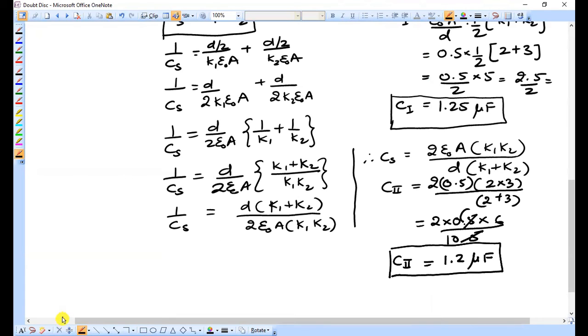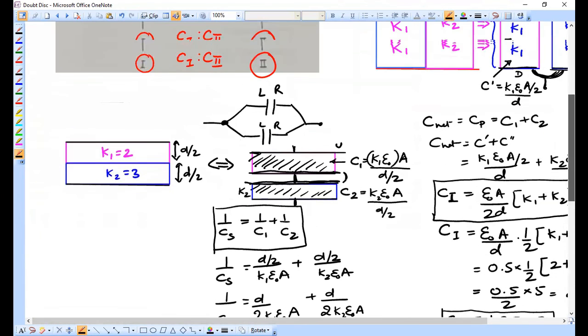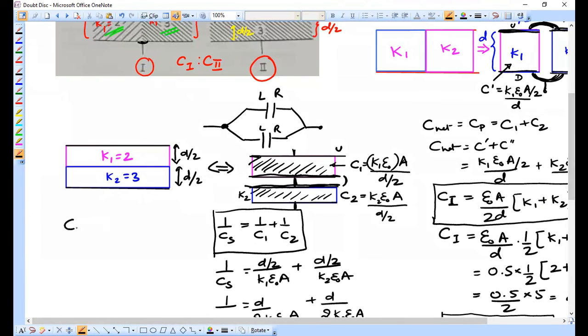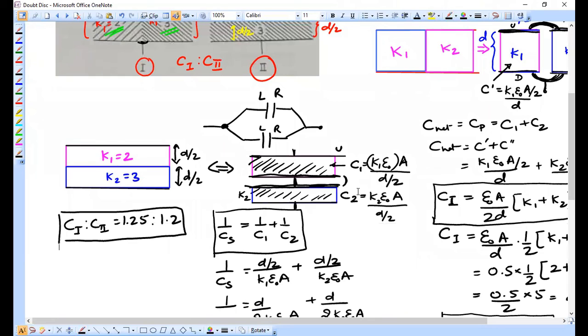Now the question asks us to find the ratio of C1 orientation with C2. So C1 is to C2 is equal to 1.25 is to 1.2. So this is the expected answer. C1 is to C2 happens to be 1.25 is to 1.2.